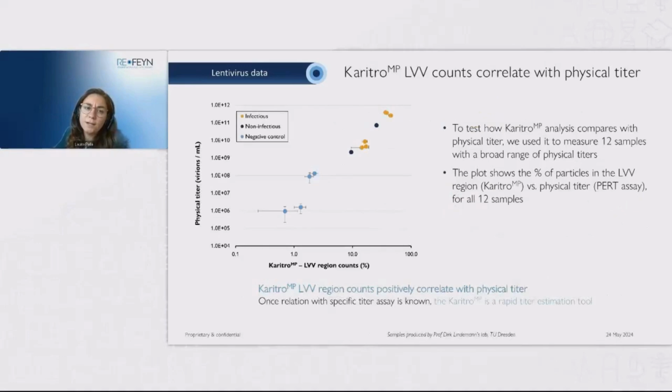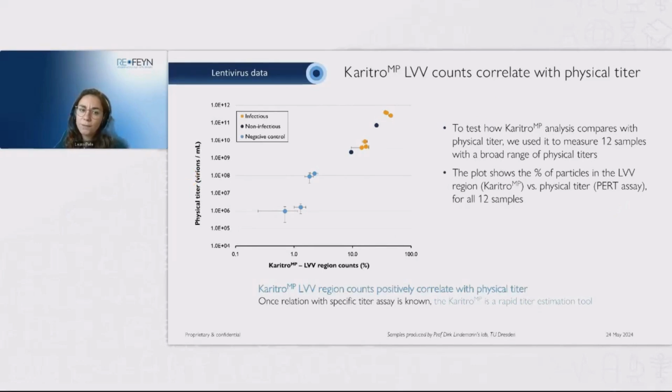So in here, what we are showing is how the Karitro data correlate with the physical titer. So we tested 12 samples with a broad range of physical titers, and what we are showing is on the horizontal axis the percentage of counts in the lentivirus region measured on Karitro versus the physical titer measured by our collaborator on the vertical axis.